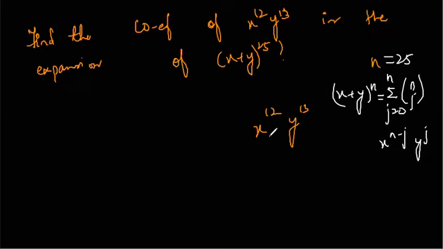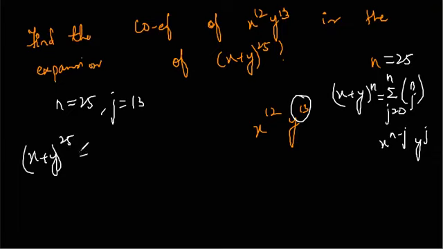So now x power 12 y power 13. So your j value will be the power of y. So n is given as 25, j is equal to 13. So now the next step is x plus y whole power 25, and we want this coefficient. So in this case, we have to find the coefficient of x power 12 y power 13.